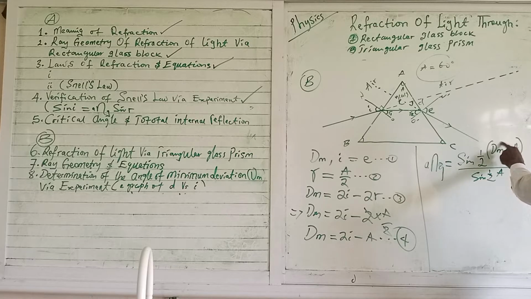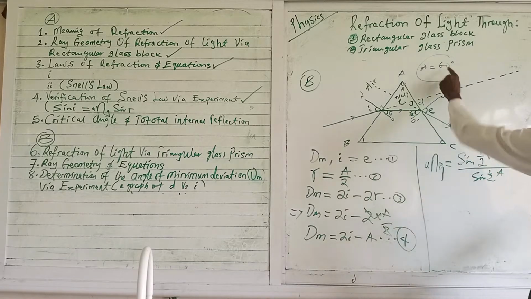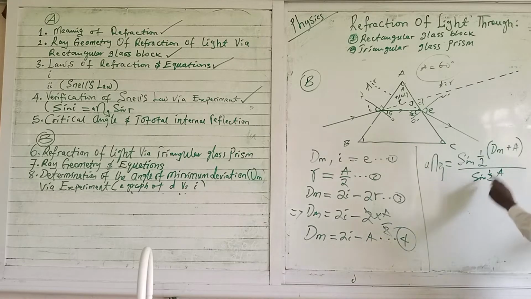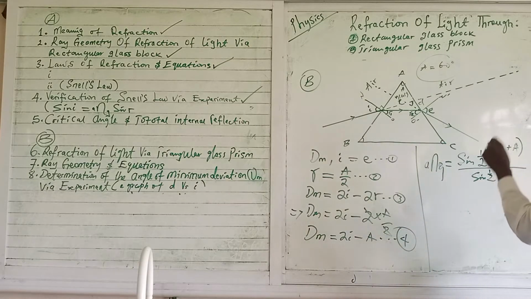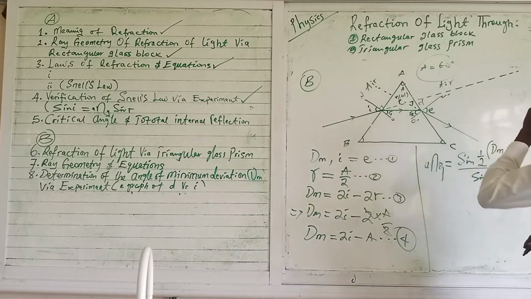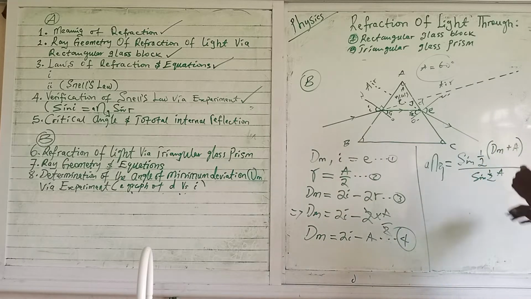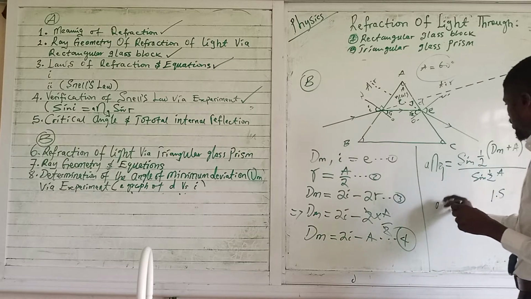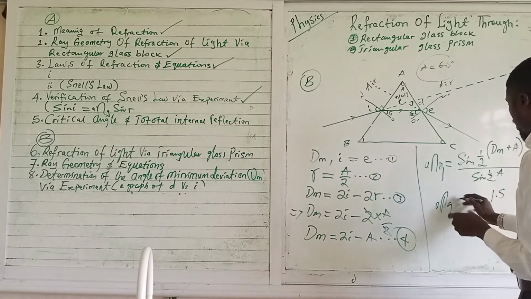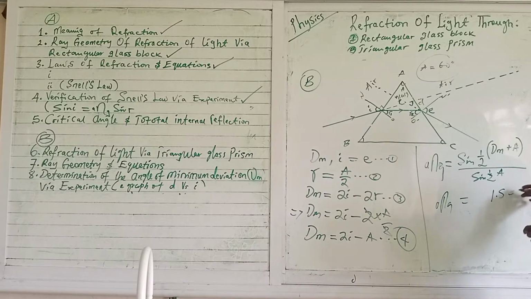Angle of minimum deviation plus A. This A is 60, divided by what? Sine half times A. This is the equation to find the refractive index of this glass. Whatever you do, your result must fall in the range of 1.5, that is air to glass or glass to air, must fall in the range of 1.5 to 1.7. I hope that is well understood.